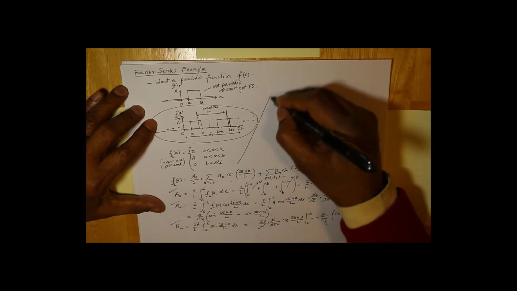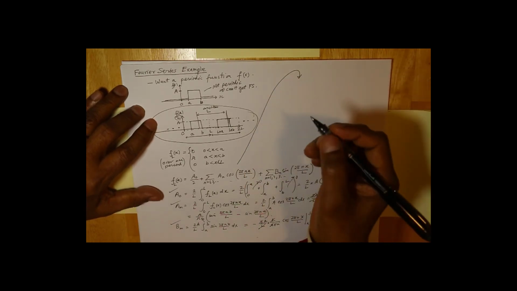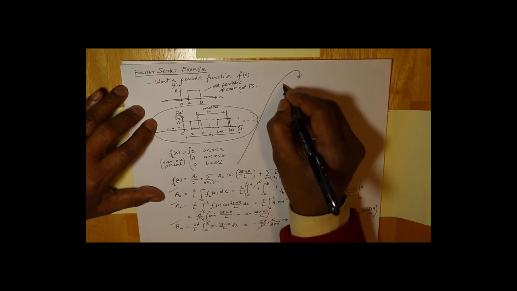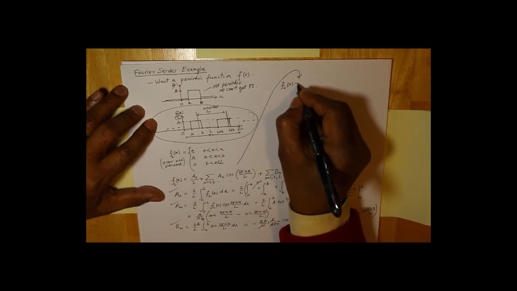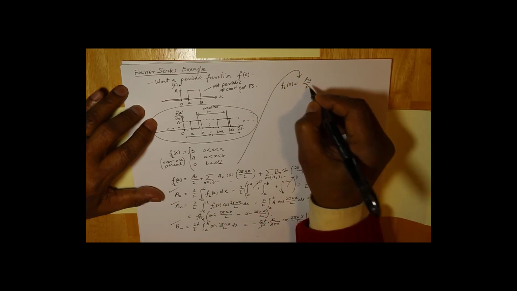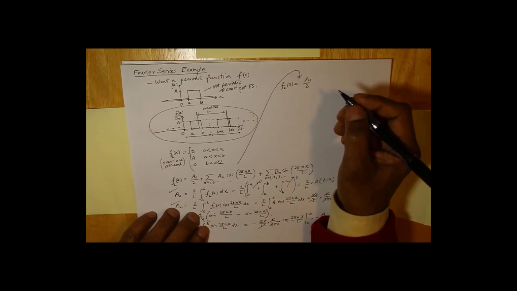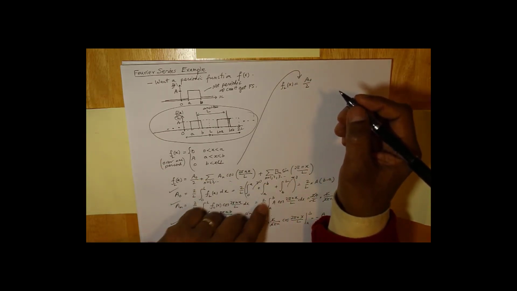So say if you just wanted to have one term, it will go like this. You have A0 over 2 plus n equals 1. I'll go n equals 1 also here.